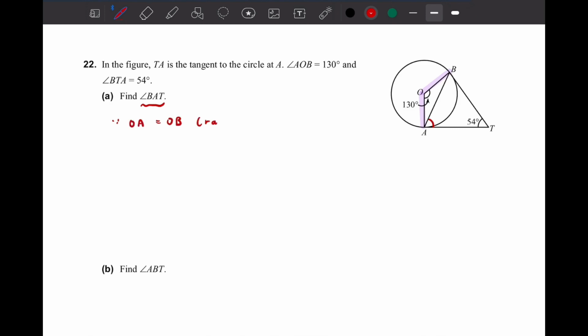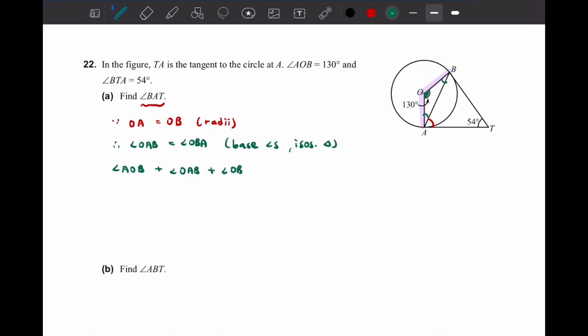You got a radius, so OA equals OB, and that is your radius. So what does it mean? It means that you don't just know this is 130, but you can also find these two angles here. So therefore, your angle OAB is equal to angle OBA because of base angles isosceles triangle. And in that triangle OAB, you got the 130. Therefore, you can use angle sum of triangle to find these two angles.